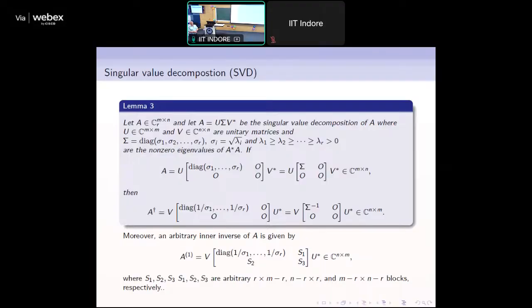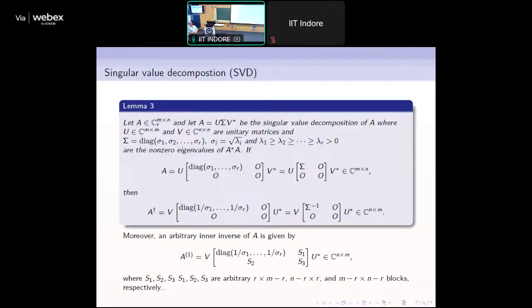MATLAB has a standard function pinv for computing the Moore-Penrose inverse. If you have such a problem, division by 0, in the case when a singular value is too small, it is better to avoid this part and put 0. It is better to put 0 here.